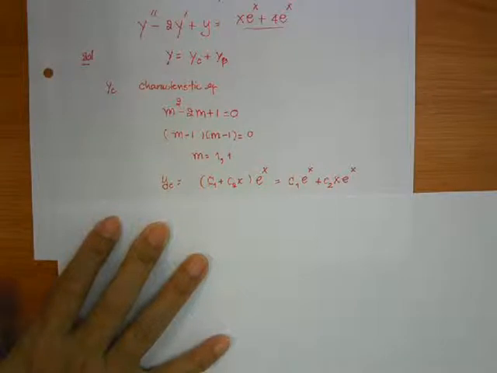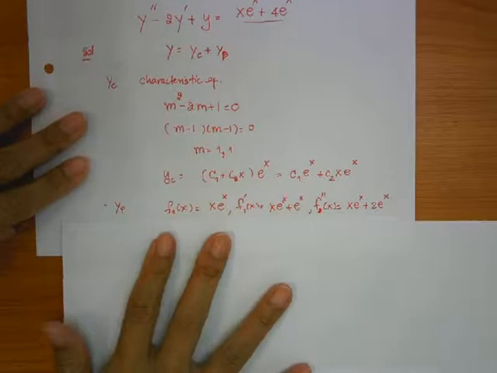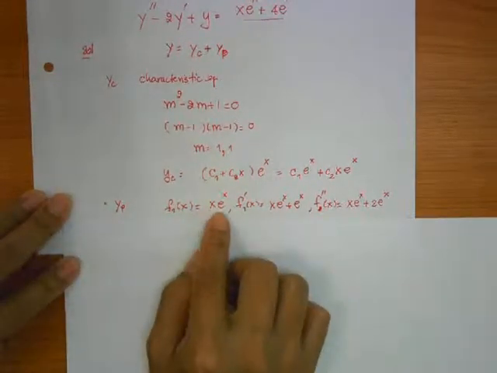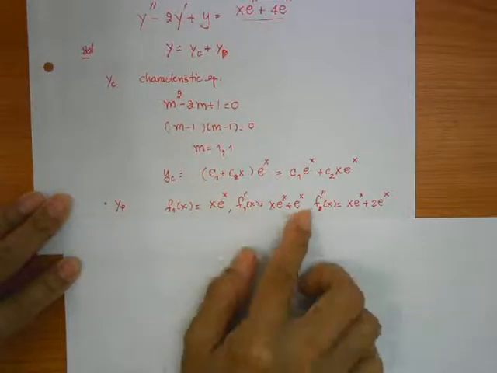Now, we are going to find YP by undetermined coefficient method. And we already figured out that our f(x) is a function of UC function, right? The first one, x times exponential of x, is case 4, and the second one, exponential of x, is case 2. So, we are going to find YP. For the first function, x times exponential of x, we do the derivative of it.